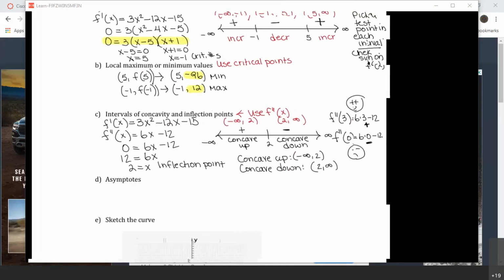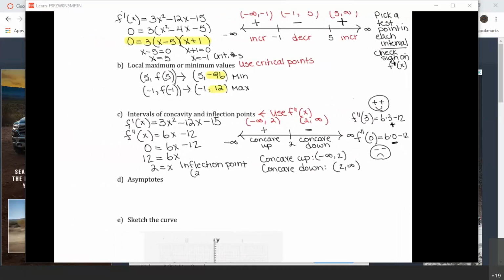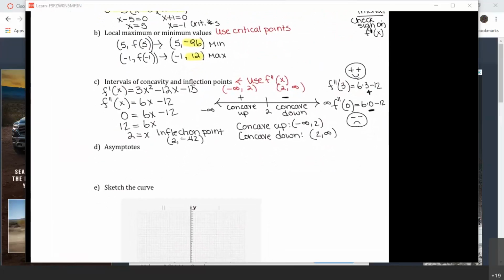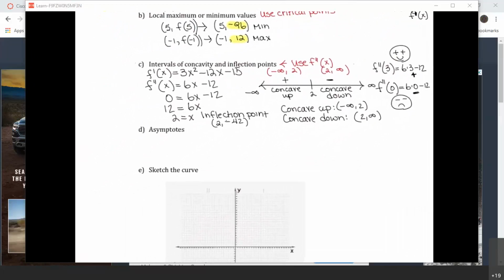The inflection point has an x value of 2, and if you plug it back into the original function, you'll see the y value there is -42. Asymptotes: it's a polynomial, so it has none.